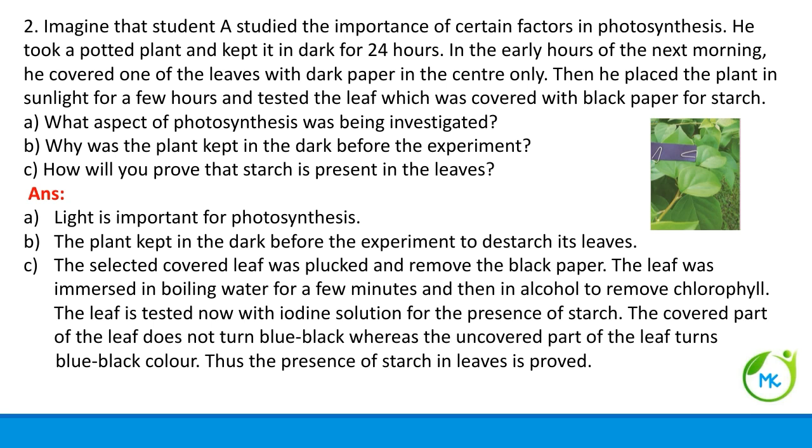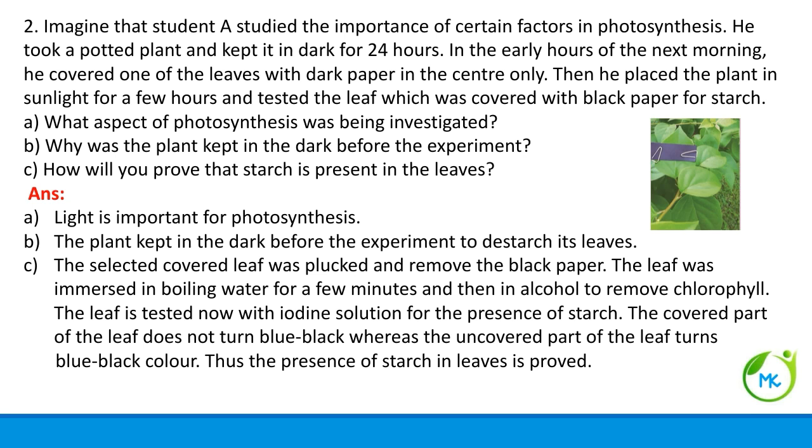The plant was kept in dark for 24 hours to de-starch its leaves. What is meant by de-starching of leaves? You know, plants do the process of photosynthesis and produce glucose, and many glucose units join together to form starch, and starch is stored in the leaves. So for this experiment, we need to de-starch the leaves. De-starching means to remove the starch only.